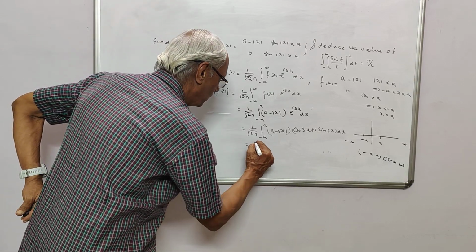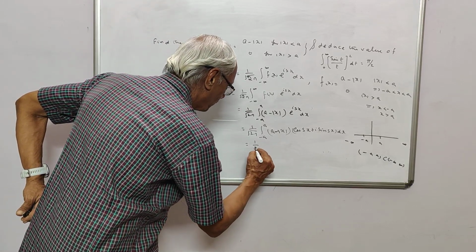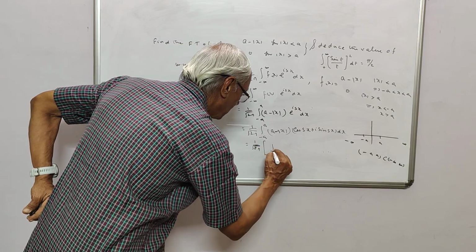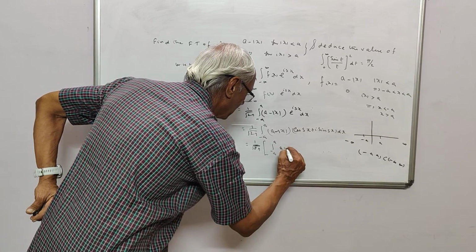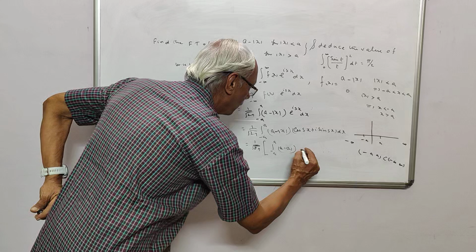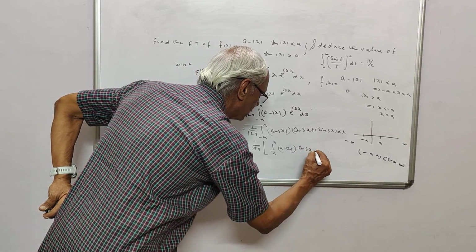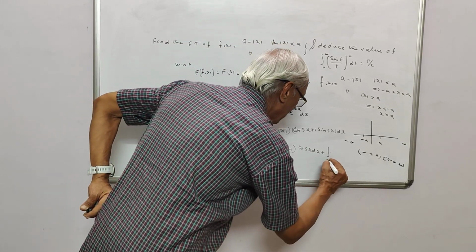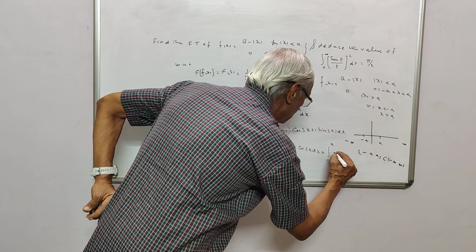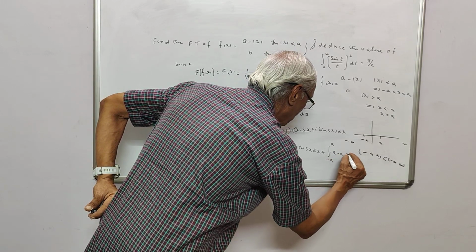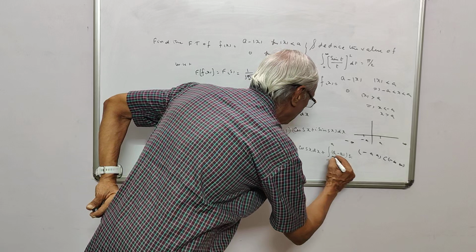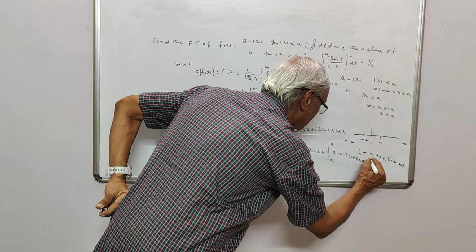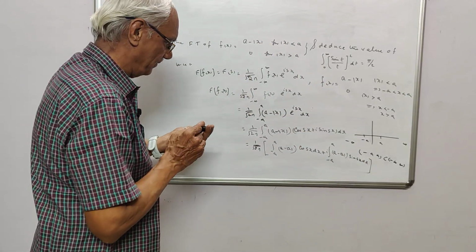So this is equal to 1 by square root of 2 pi into, I will write everything here, integral from minus a to plus a of e to the power of minus modulus of x into cos sx into dx, plus integral from minus a to plus a of e to the power of minus modulus of x into i sin sx dx. So this is what you have here.